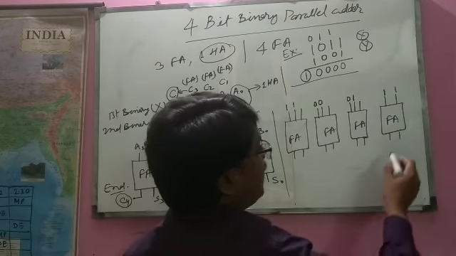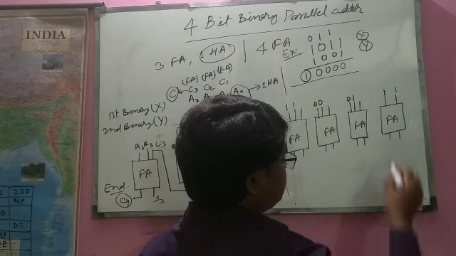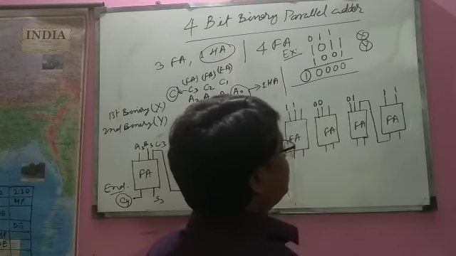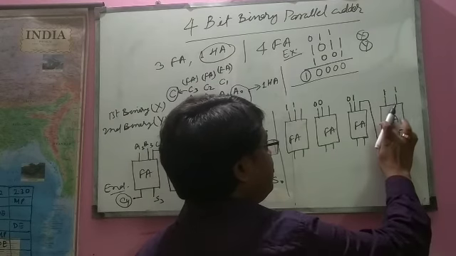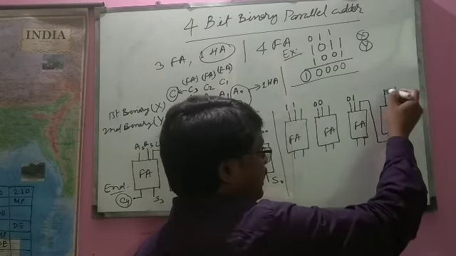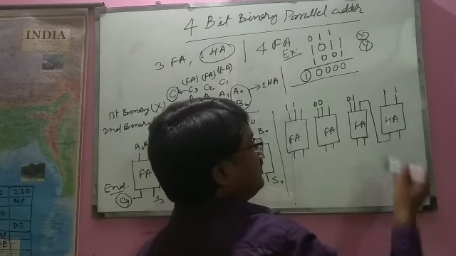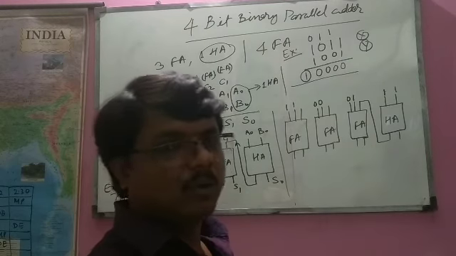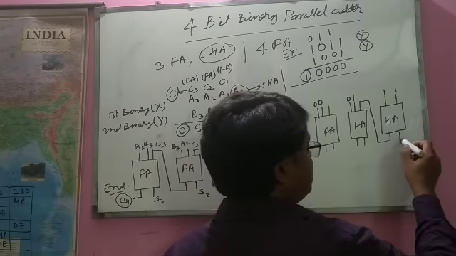So what will happen? Let us suppose this is 1 and 1. Okay, so it is a half adder. The last one is a half adder. So it is 1 and 1. What will be the summation? If the input of the half adder is 1 and 1, what will be the sum? Sum is given by this one.